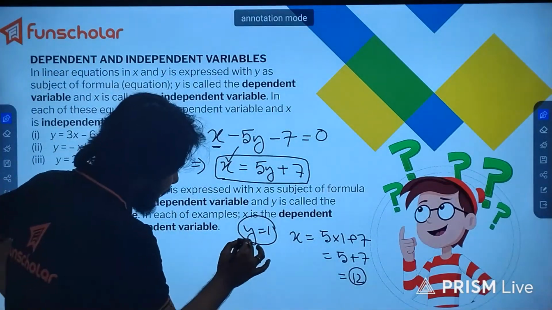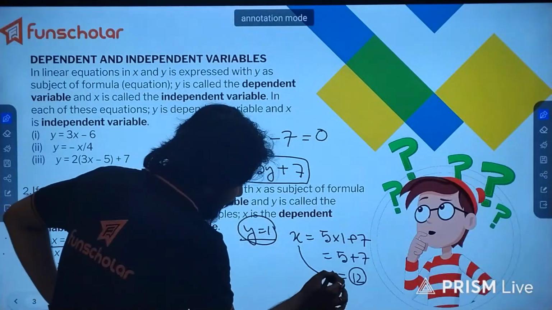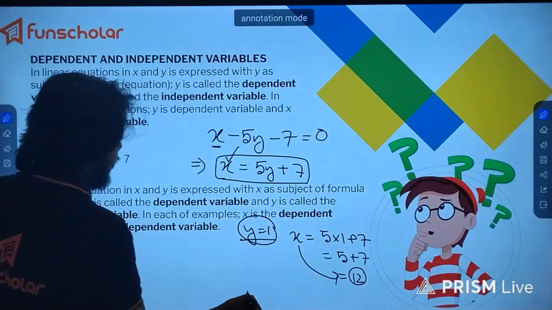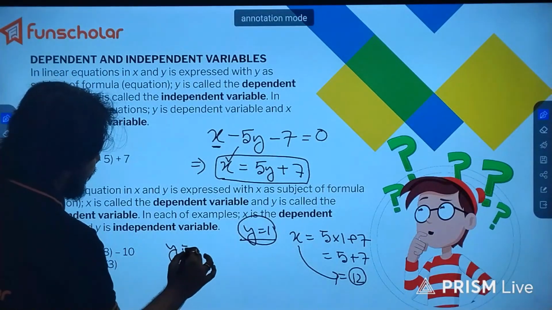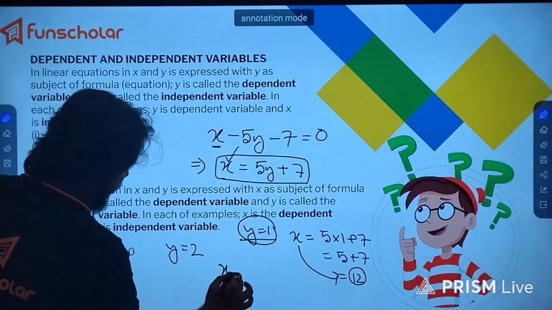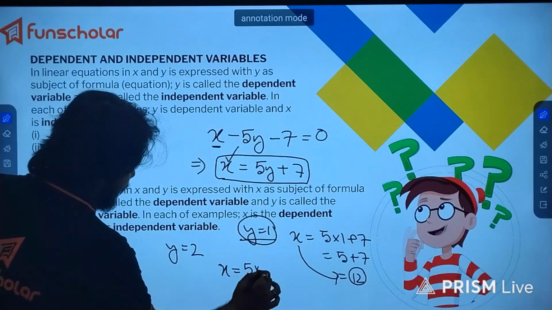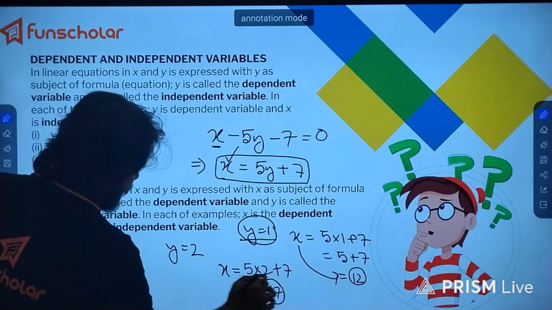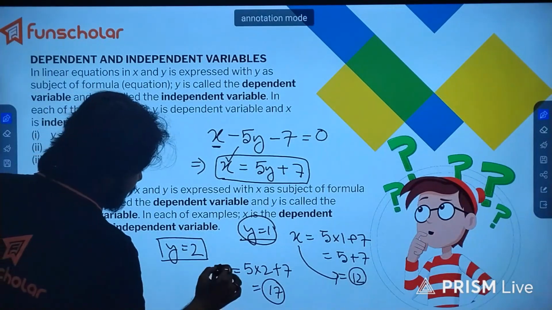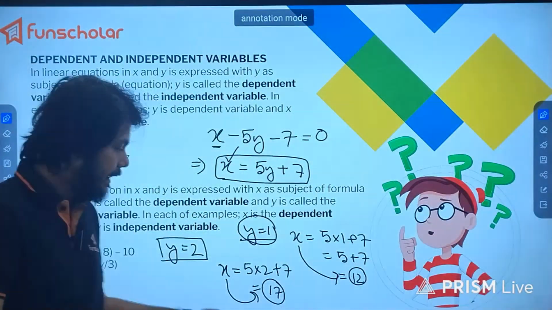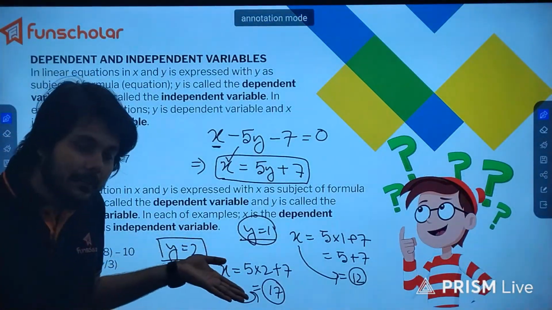If we take y equal to 1, then we get the value of x as 12. If we take the value of y equal to 2, then we will get the value of x as 5 into 2 plus 7, that is 17. So for different values of y, we get different values of x.